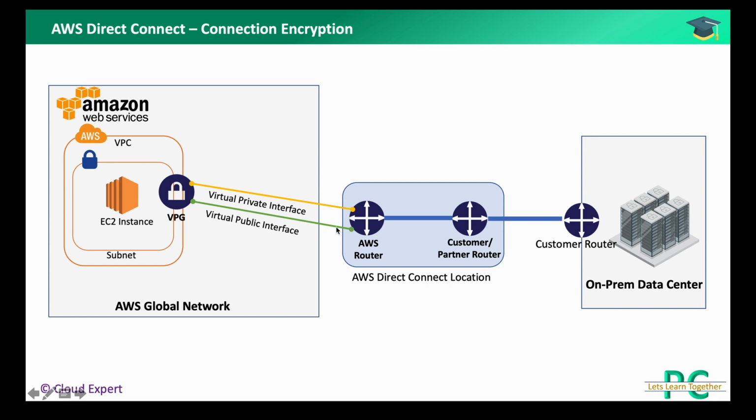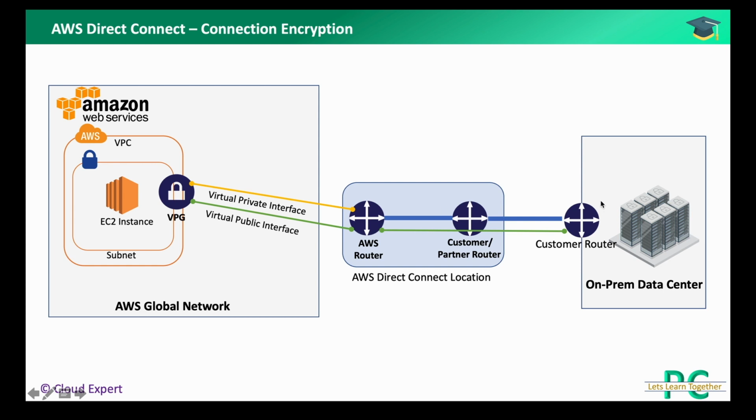To connect the VPN, you need a virtual public interface. A virtual private interface will not work here. So first, you will set up a virtual public interface. You will extend that connection to the customer router, and then you will create a VPN connection from your customer router to your VPG or VPC. In this diagram, this green line represents the VPN connection that will go through your Direct Connect.